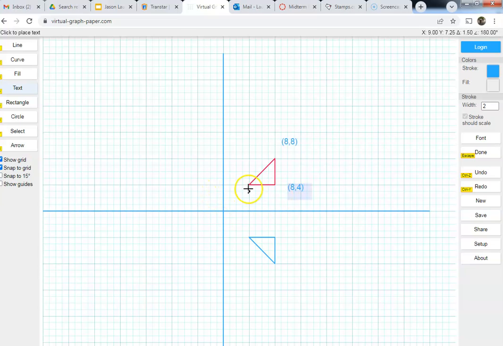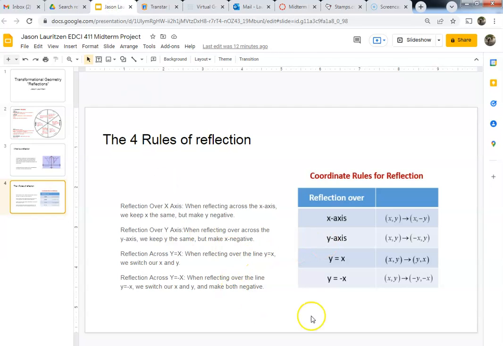And we've got 4 and 4 for our other point. Okay, so what was our rule for going across the x-axis? Let's go back and take a look. So our x-axis rule was, if we have (x, y), it becomes (x, negative y).